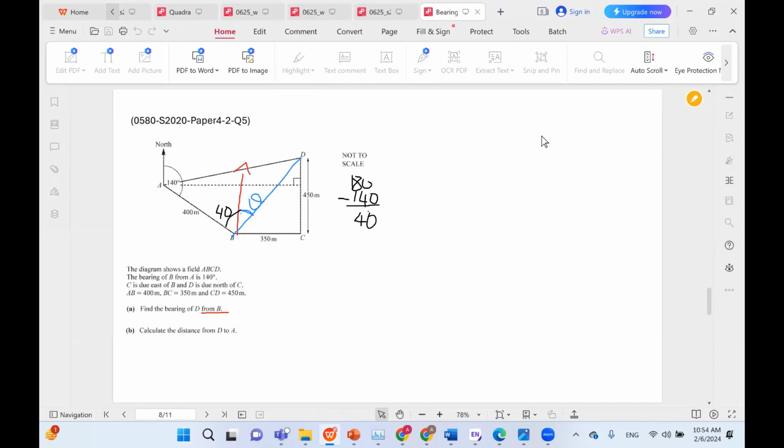Now, if we can get angle B in the triangle, so if we have triangle ABD like this, and we can get angle B here, let's call this X, for example. This would help us a lot because if we subtract 40 from this angle X, we get the theta that we're looking for. So what information do we have about A and B and D? First of all, AB is equal to 400.